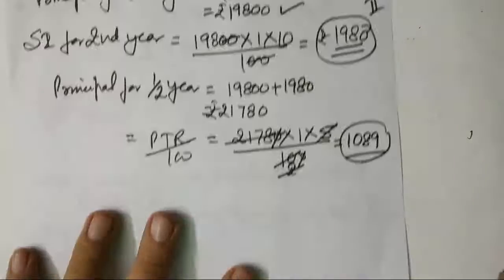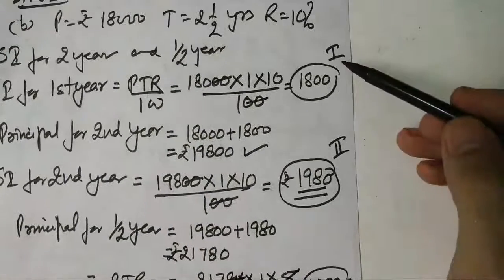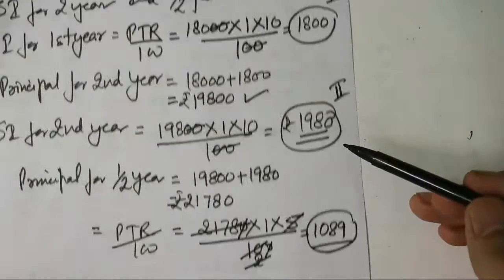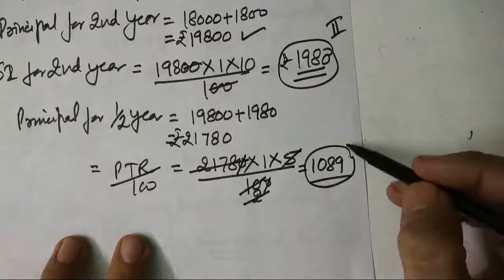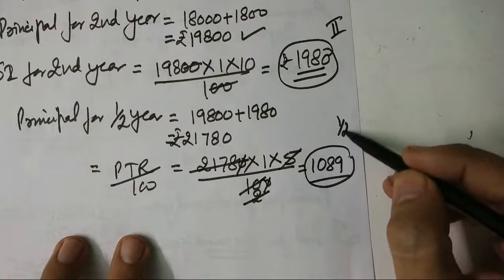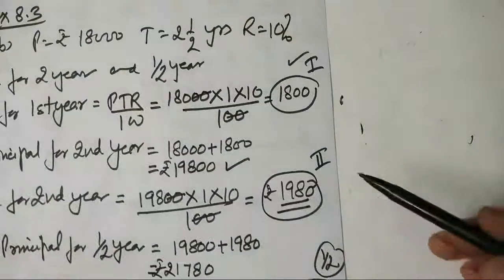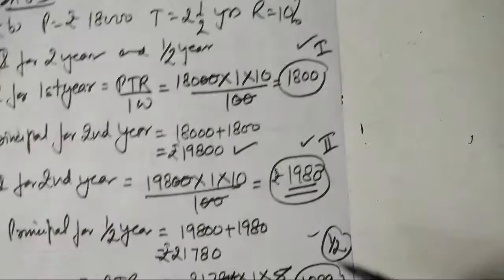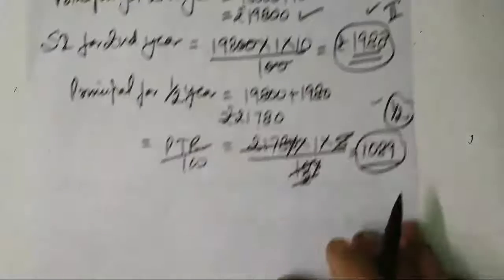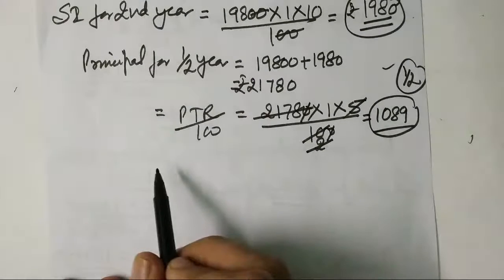So what is the compound interest? First year, second year and third year, this third is for the half year. If we just add the three interests, we will get the compound interest. And what will be the amount?